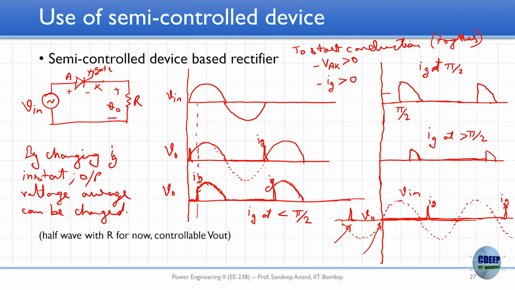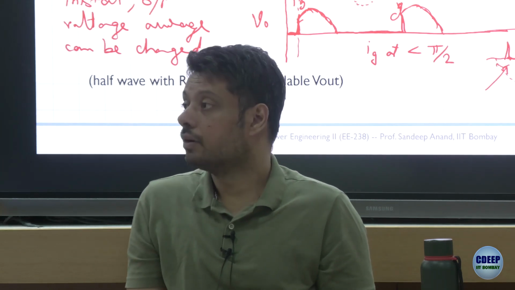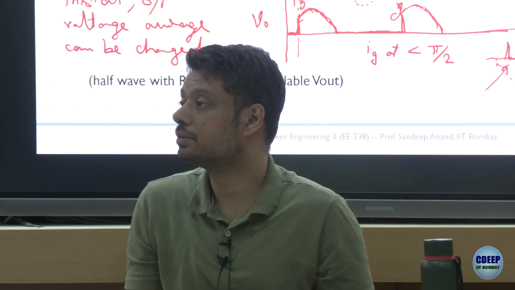So if you have both conditions happening together, your arc will get formed and your conduction will start. To start conduction, you have to simultaneously meet both; this can also be known as arc forming. Okay. Any more doubts?